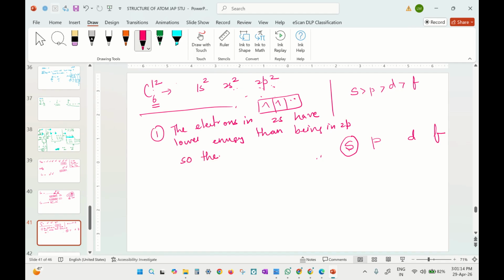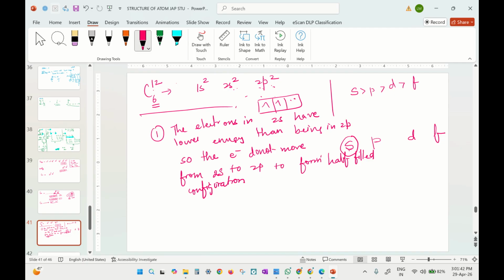So the electrons do not move from 2s to 2p to form a half-filled configuration.